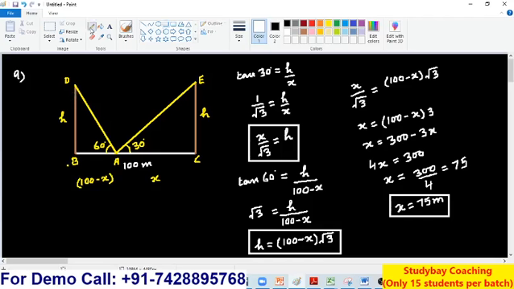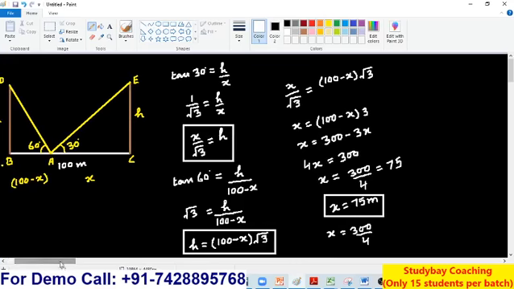Now the height of the post: as you have already seen, x is equal to 300 upon 4. Let's put in 300 upon 4 only, and as you have already seen, from the first equation h is equal to x upon root 3. So h equals 300 upon 4 root 3.